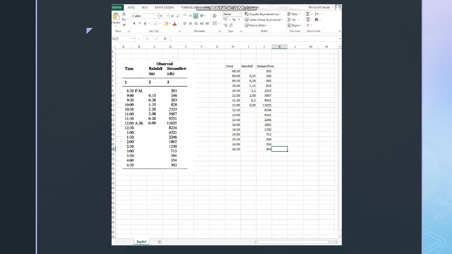Okay. And cubic feet per second of stream flow occurs.